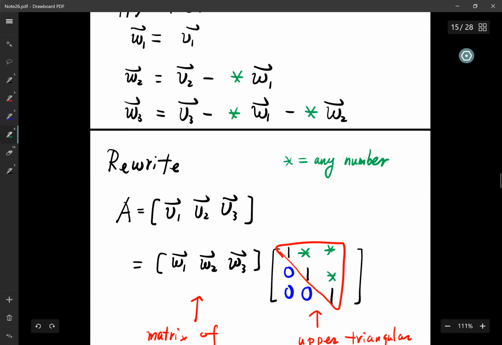No. This corresponds to these stars. If you want me to label them, this is star 1, star 2, star 3, and this should be star 1, star 2, star 3, in that order. Yes. Okay, just wanted to clarify. And you will find where they are. Writing stars there just means I don't care where they are. I only care about the structure, which is that there's one orthogonal matrix and the other one is upper triangular. Okay. Thank you.